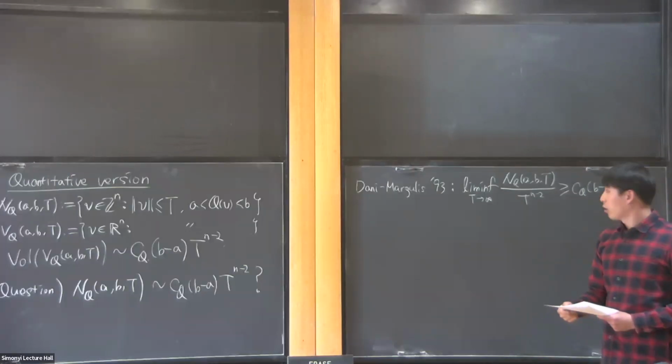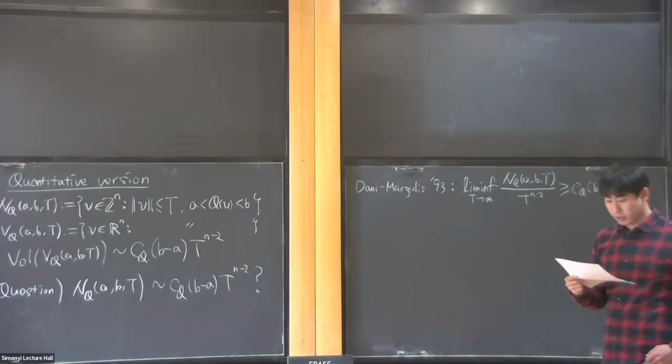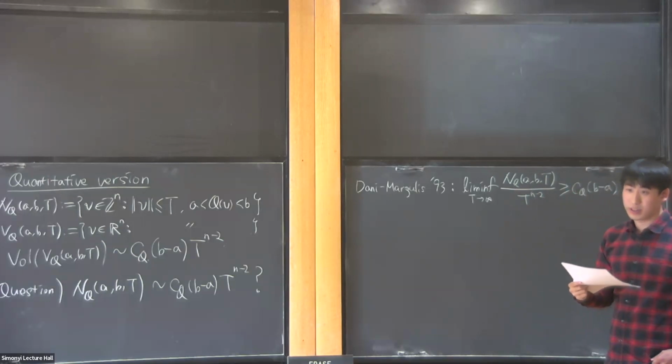But the upper bound for this asymptotic is more subtle, because it actually depends on the signature of the quadratic form.